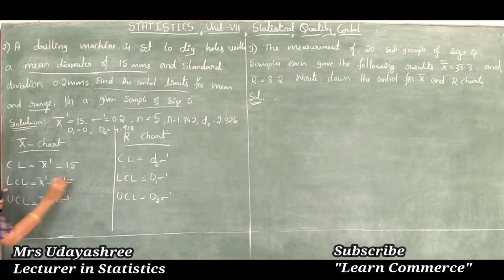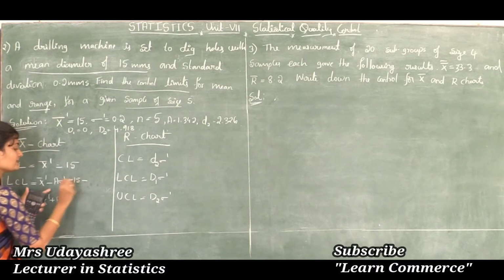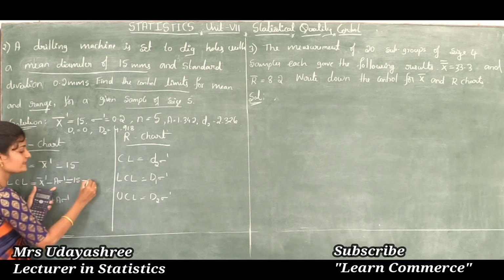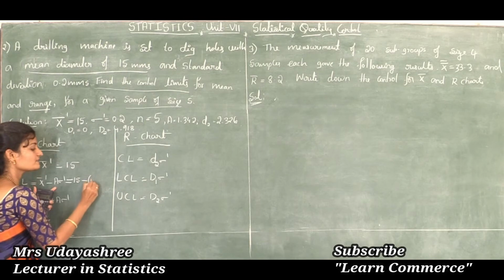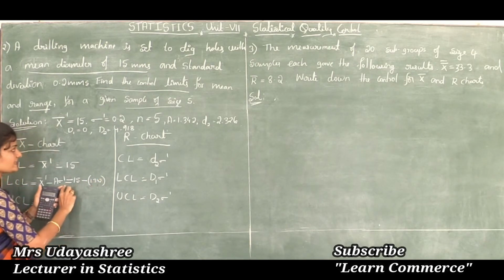Next, lower control limit. How to find the lower control limit? Using the formula, that is x bar dash minus A into sigma dash. So here x bar dash value is 15 minus A value. A is a table value, that value is 1.342 into sigma dash.